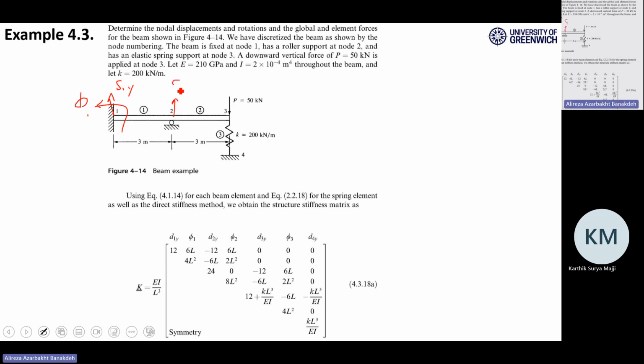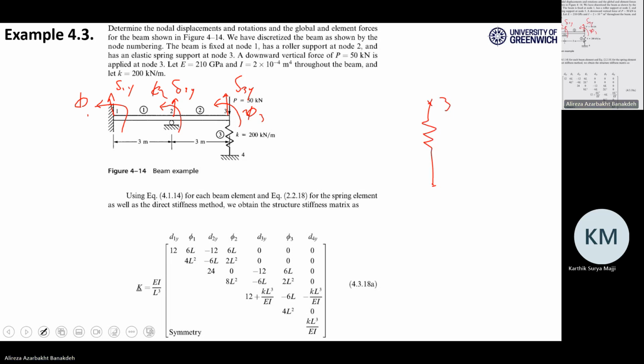This is delta 2y, this is phi2. This is delta 3y, this is phi3, right? These are those 6 degrees of freedom we are talking about. These 6 are unknown deformations in the right-hand side.